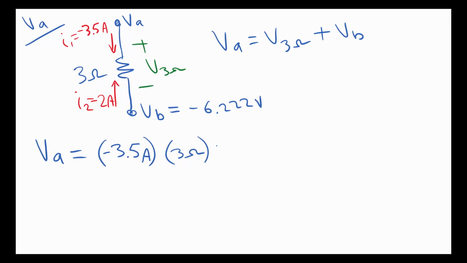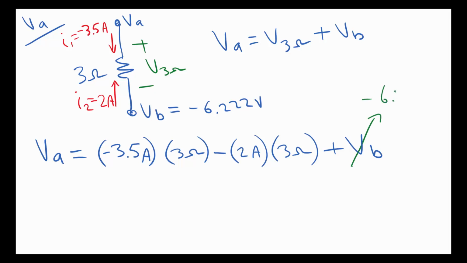And then I2 is going in the opposite direction of the voltage drop, so it's got to be negative, and its numerical value is 2 amps, and then the resistor is 3 ohms, and then we can't forget VB. So let's write VB on here too, so plus VB, and we know that its value is minus 6.222 volts.